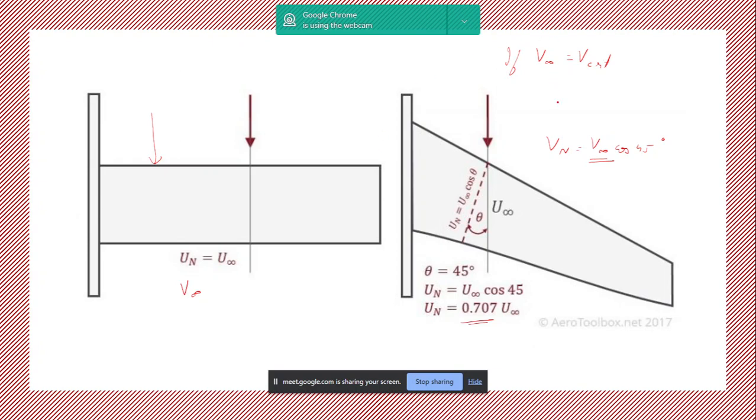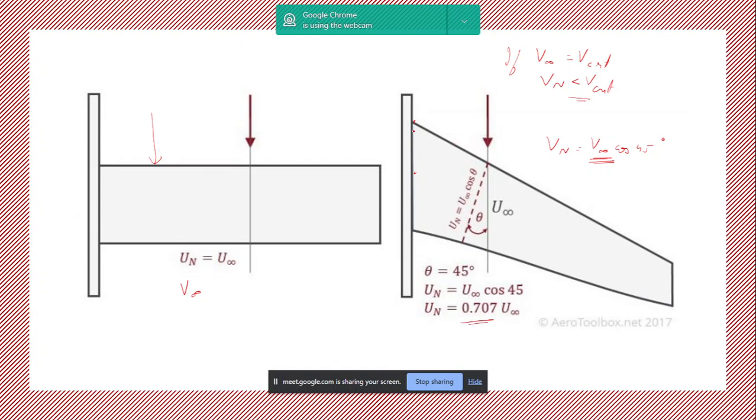If you have a swept back wing, each section progressing along the span of the wing encounters a lesser velocity, so Vn here is less than V critical. That means if at the root it encounters critical Mach number, somewhere on the root there is supersonic flow. But further along the span of the wing, Vn is less than V critical, hence there is no supersonic flow over that cross section.